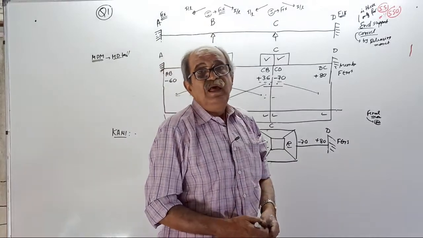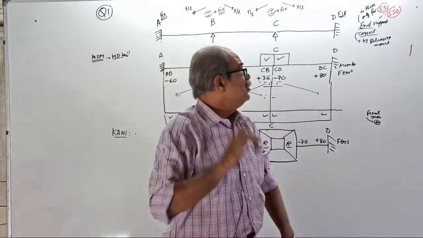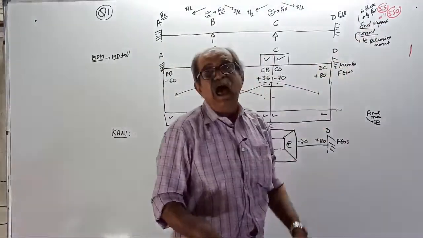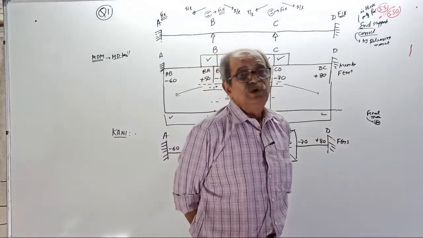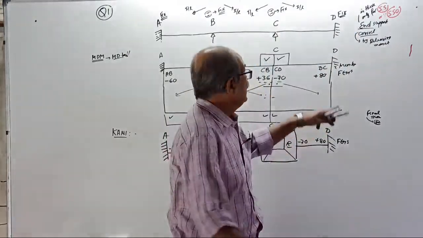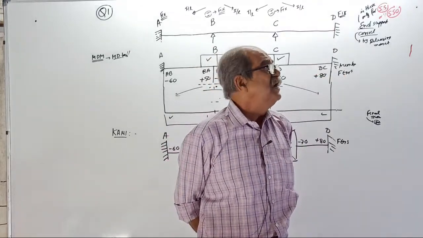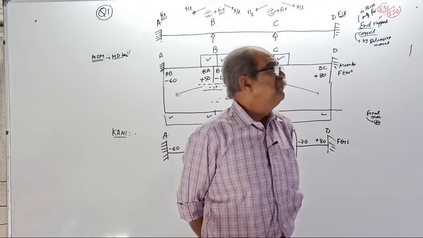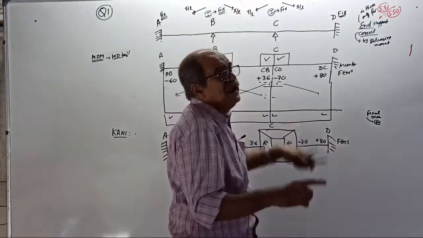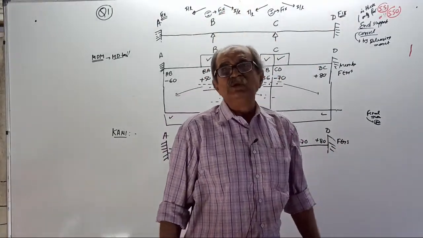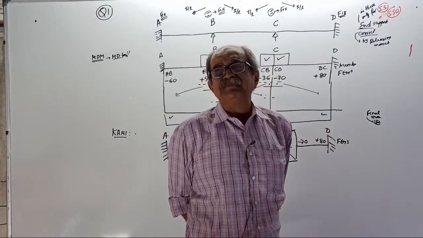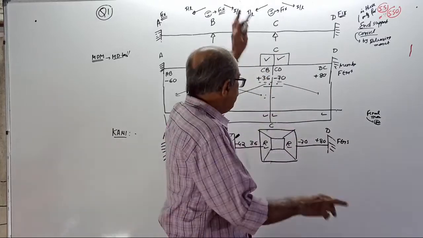In Kani's method also, the same correction as in the MD method applies. You can do without correction, but for a simple support you have to go for rotation contribution calculation, then minus half will come. If you take stiffness equal to I by L there, it will lead to confusion, so 99% of people throughout the world follow this step.